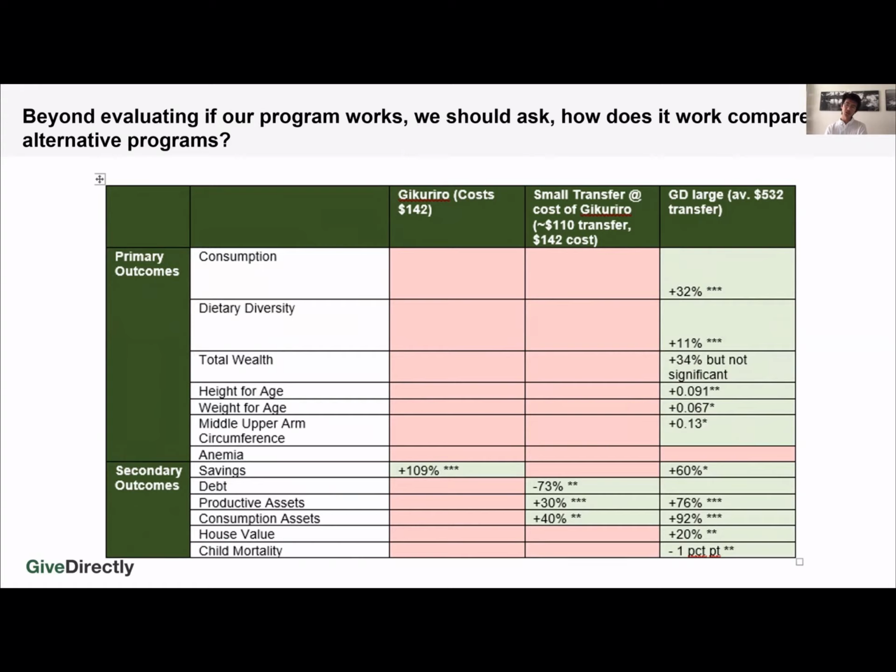What's super interesting here is 2 things. One is that cash, an intervention not designed specifically for health, because you could spend it on any number of things, had incredible health outcomes, at least on the larger transfer size. The second takeaway here from a policymaker's perspective is that if you're trying to achieve health outcomes, neither Gikariro at $142 nor a small transfer size makes any sense.